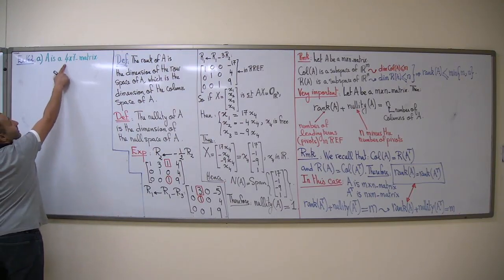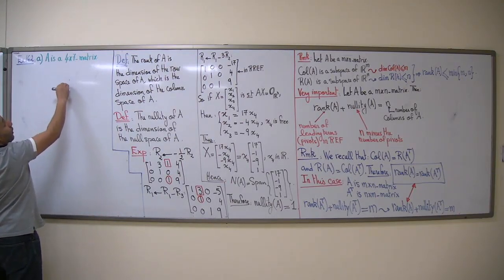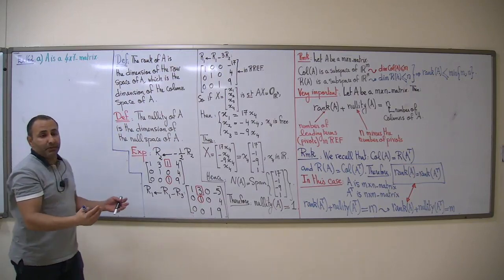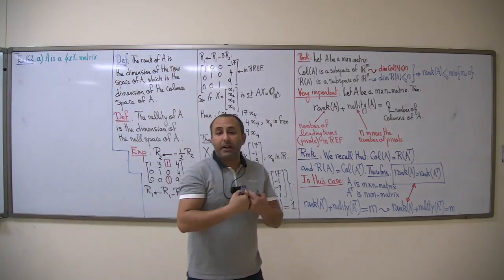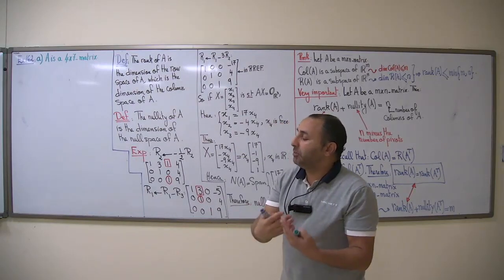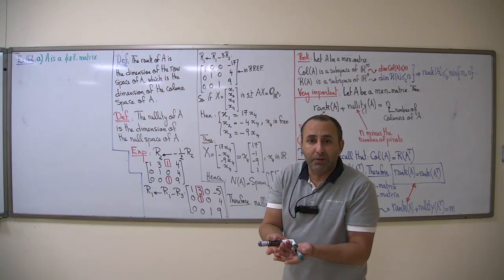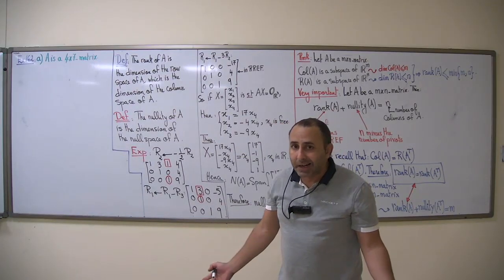So A has how many rows? It has 4 rows. So the maximum possible number of pivots, leading terms, is exactly 4.